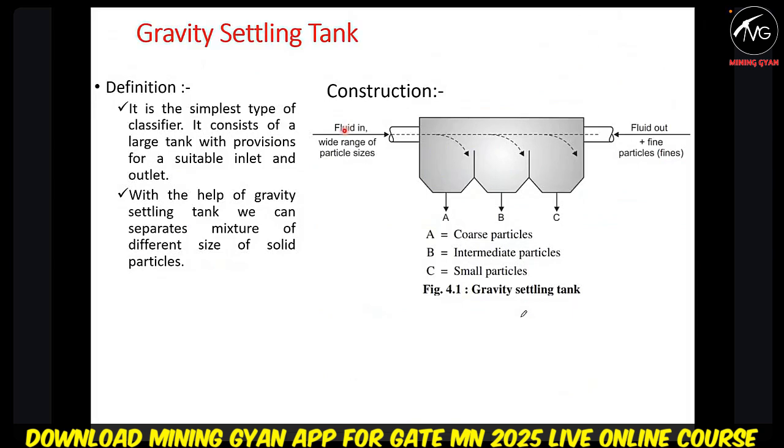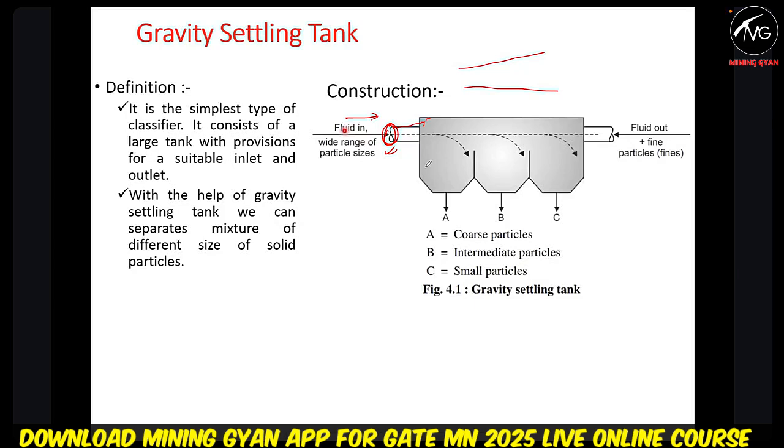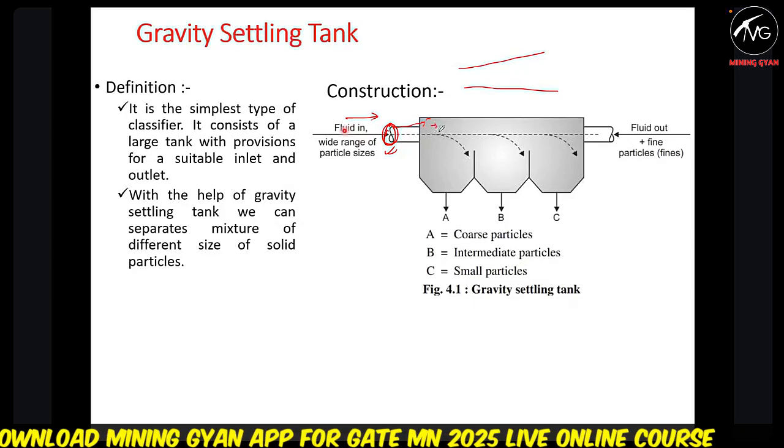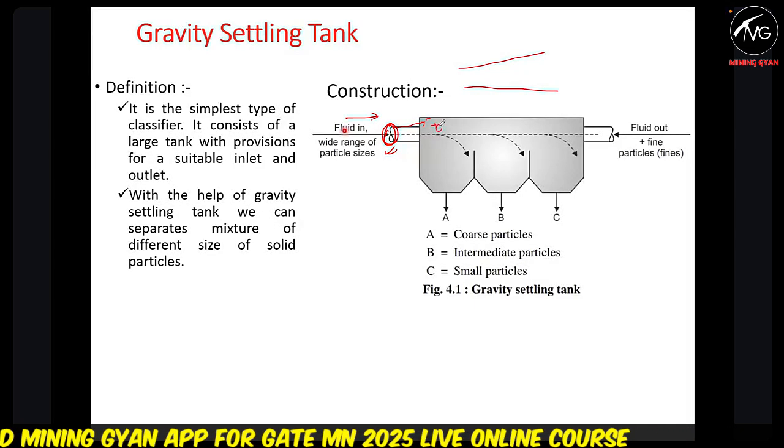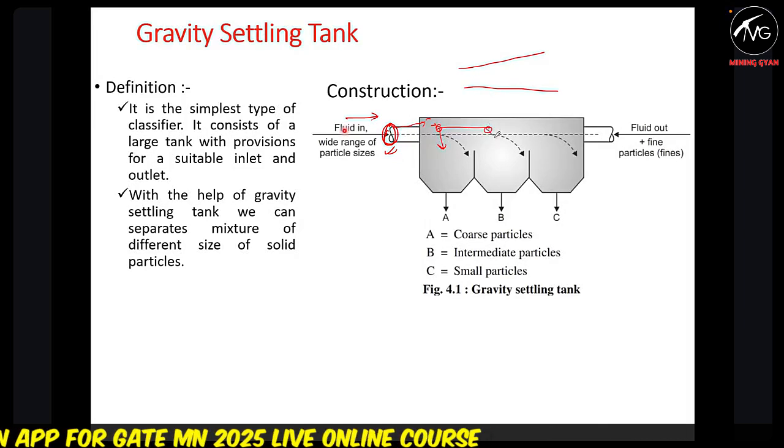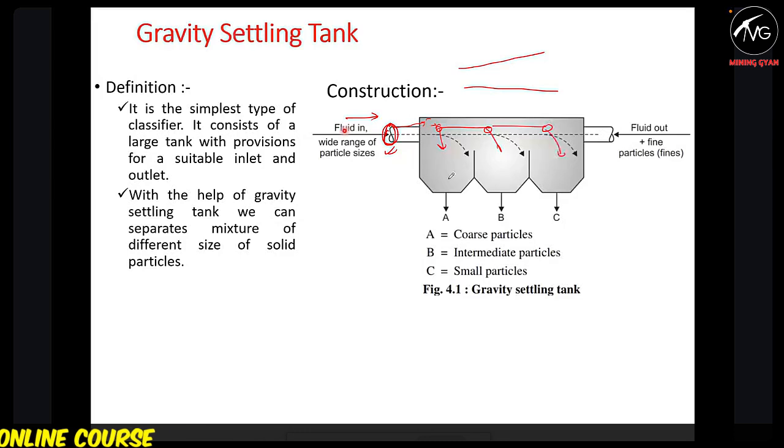In the gravity settling tank, your air will go from the intake, and because its size will increase gradually, because it is a small hole, when it goes inside, the area will increase and the velocity of the particles will be slow. So they will fall down. Some of them fall down here and some of them fall down here. So in the first part, coarse particles, bigger particles, will fall down.